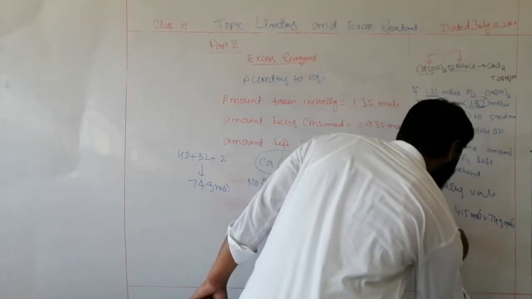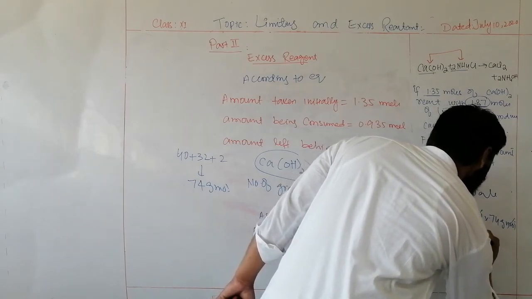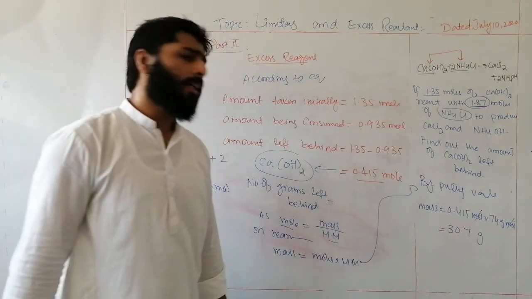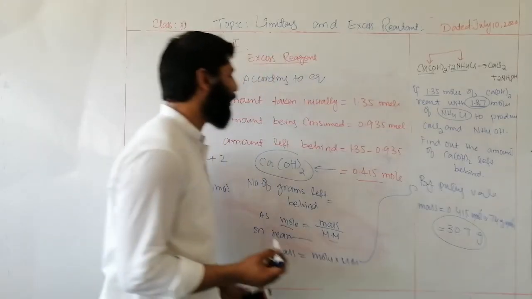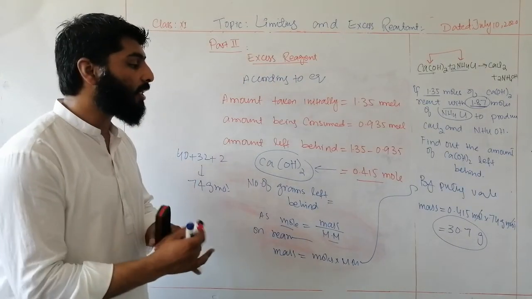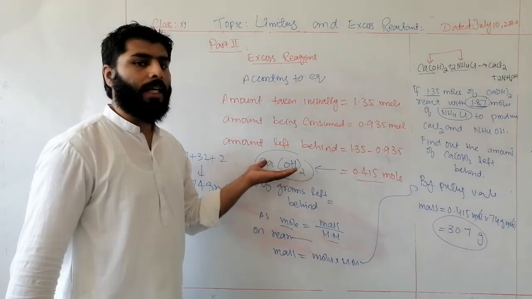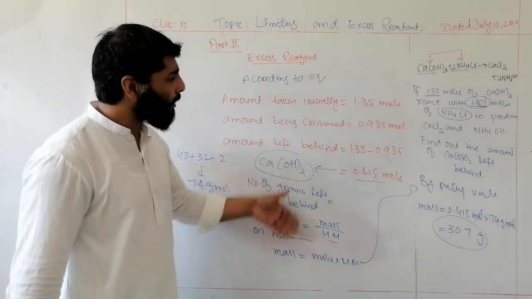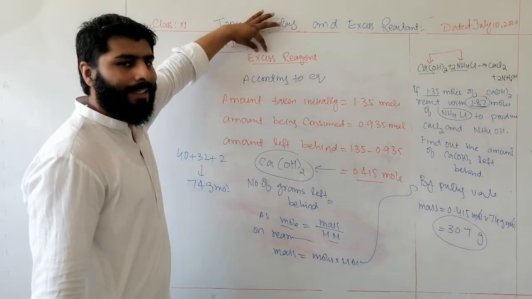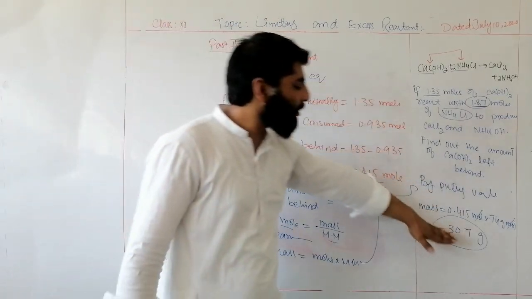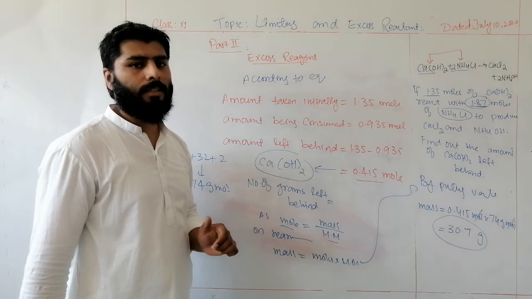We have 30.7 grams. So this is the actual mass of the calcium hydroxide which is not used in the reaction. It is left behind at the end of the reaction. So students, this is how we can calculate the amount of the excess reagent, or the amount of the reactant that is not used and is left behind at the end of the reaction.